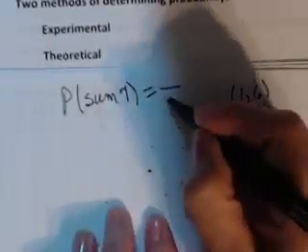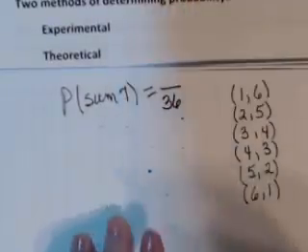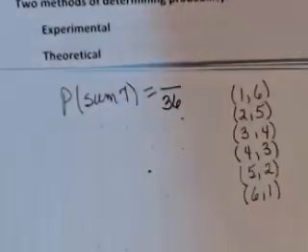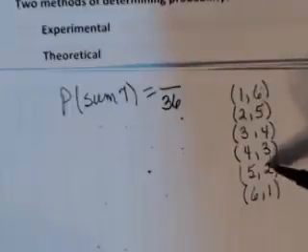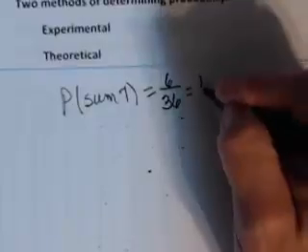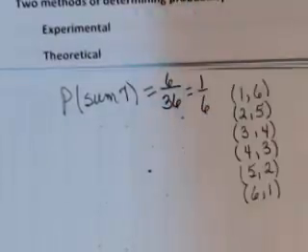Now, there are 36 possible outcomes. And so 1, 2, 3, 4, 5, 6 of those would give you a 7, and reduce that, and the probability would be 1/6 that you would get a sum of 7.